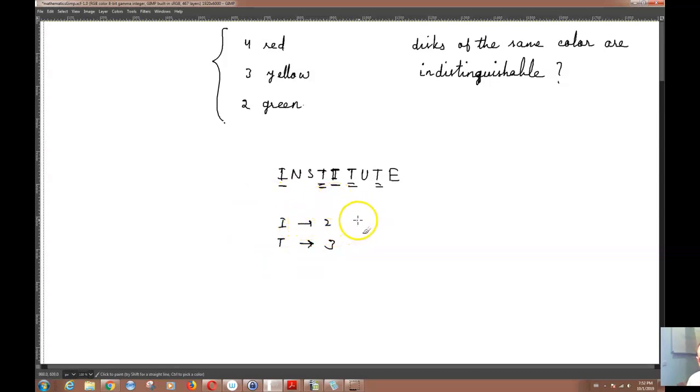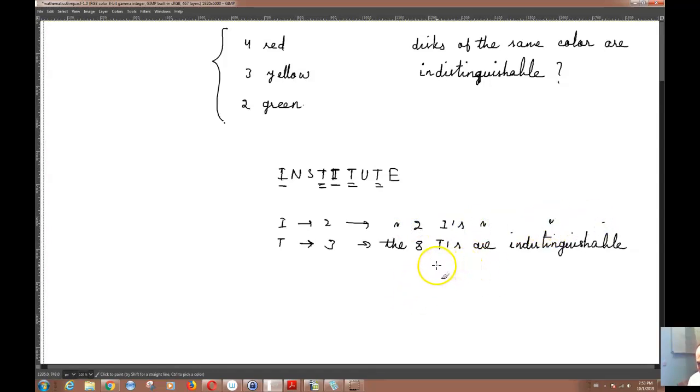So you can say that the 3 T's are indistinguishable, or you can say that the 2 I's are indistinguishable, and so on and so forth.